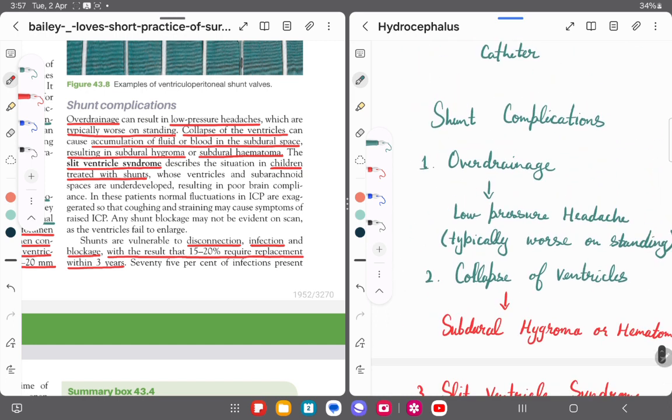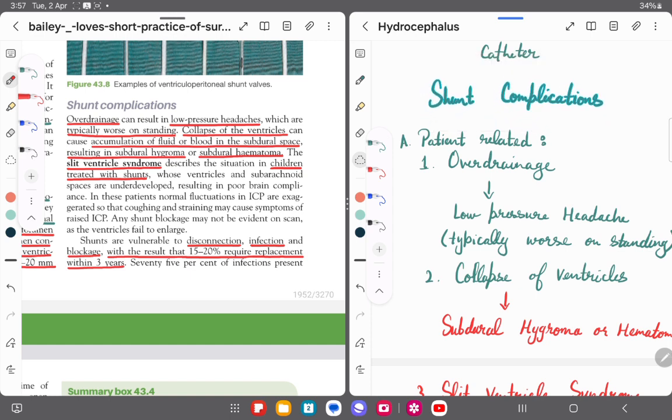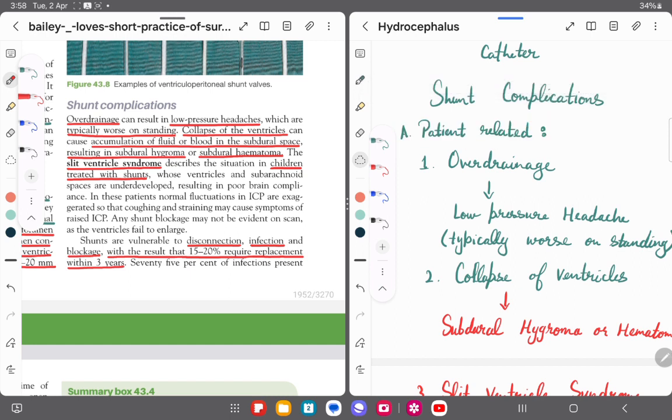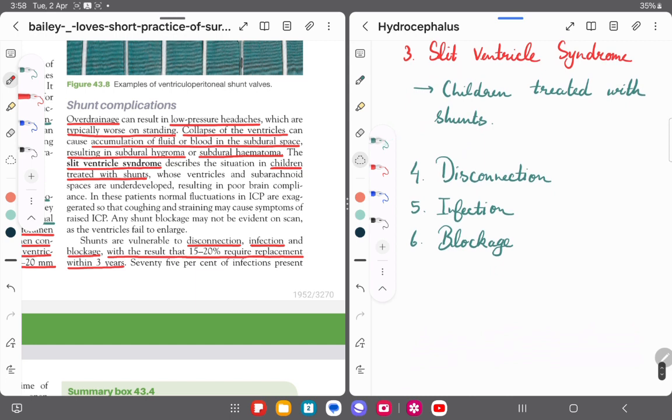We can actually divide shunt complications into two: A, patient-related, and B, shunt-related.